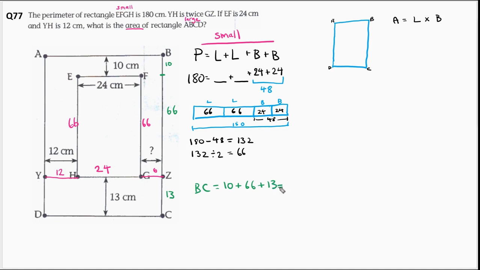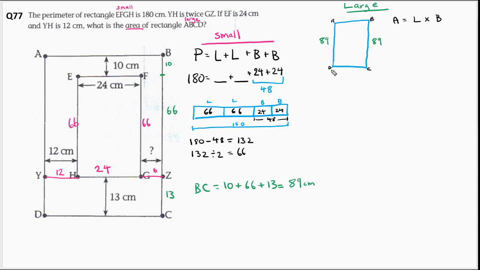Okay, and 10 plus 66 plus 13 is equal to 89 centimeters. So I now have, back to my large rectangle, we're dealing with the area here. I can now put in here 89, and this is 89.